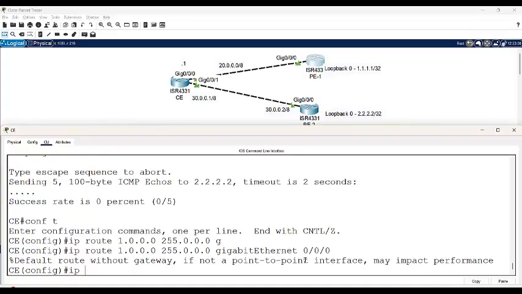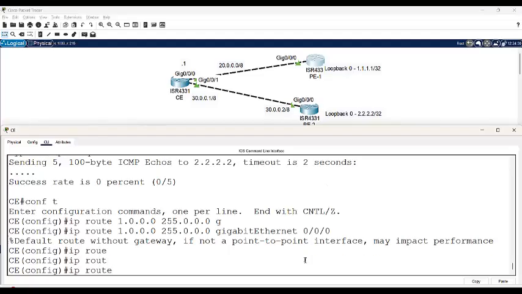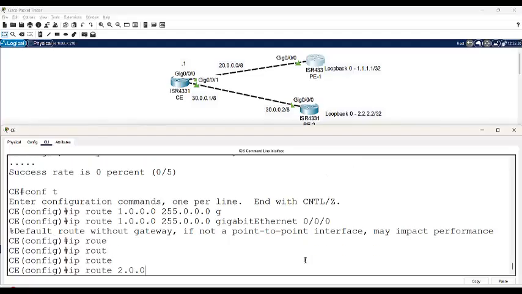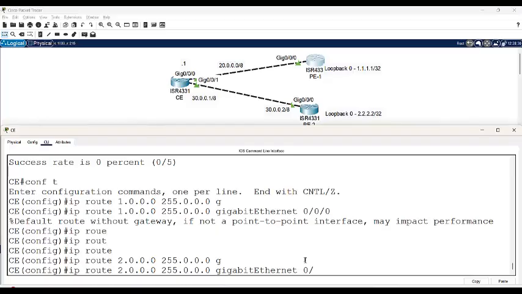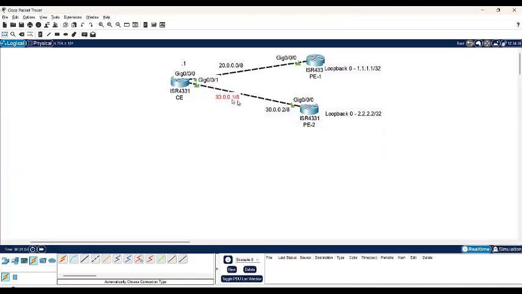Now, ip route, similarly, if the packet needs to go to this network, what is the interface? Gig 0/1. Am I right? Say something. Yes, sir. G0/1 only will take you there.